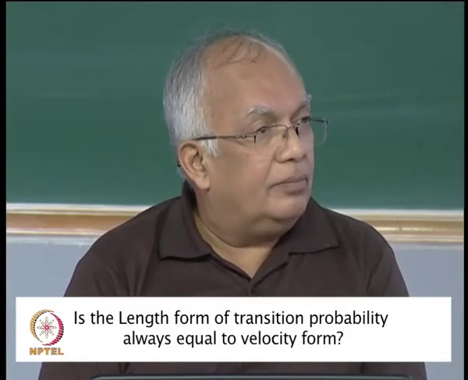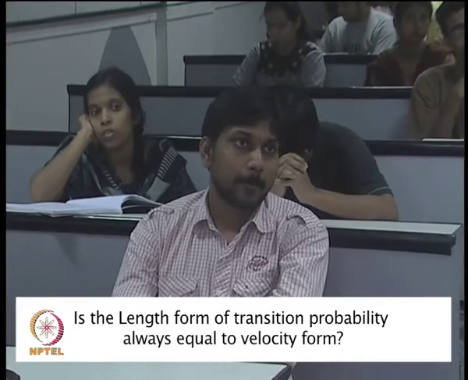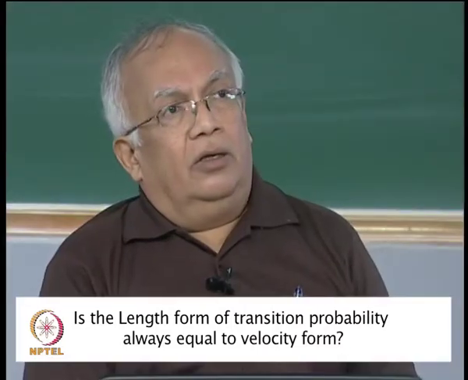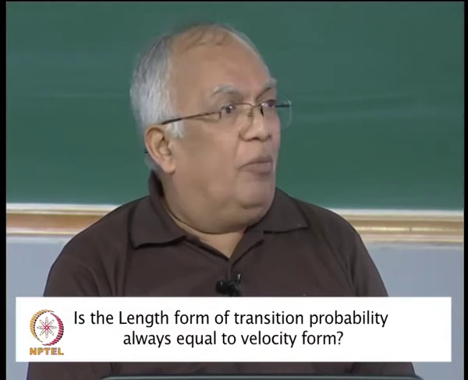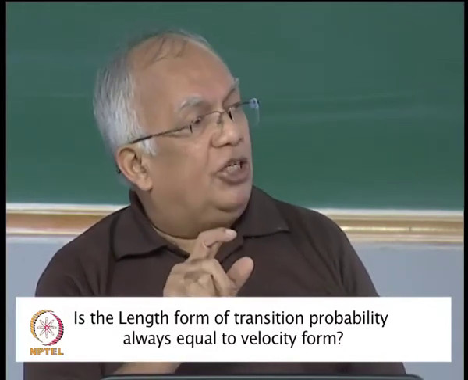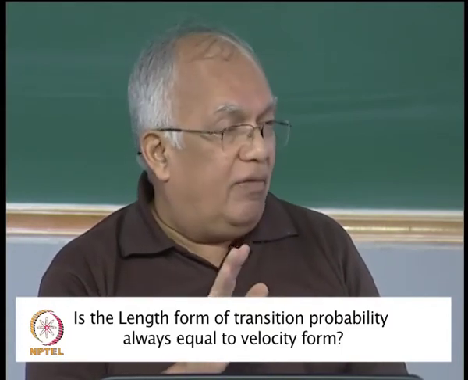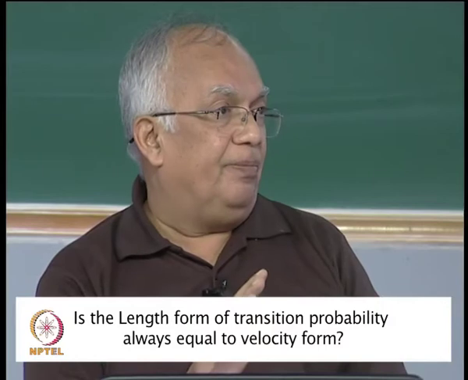This length form and velocity form are equal, as long as you can make an approximation that the potential is a local potential. If you have a non-local potential, as in Hartree-Fock, you will not get equivalence between the length form and the velocity form.